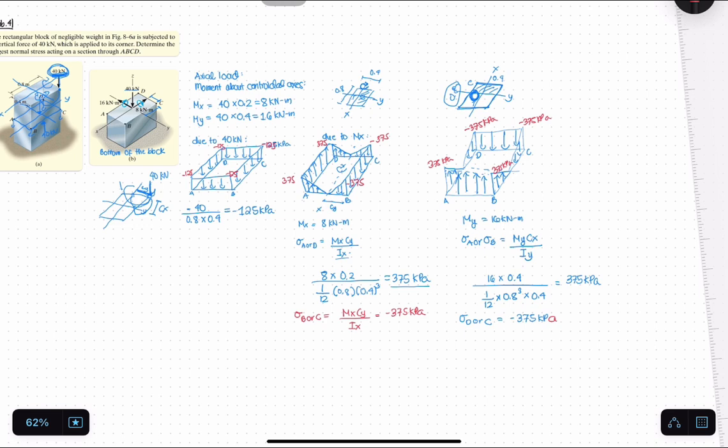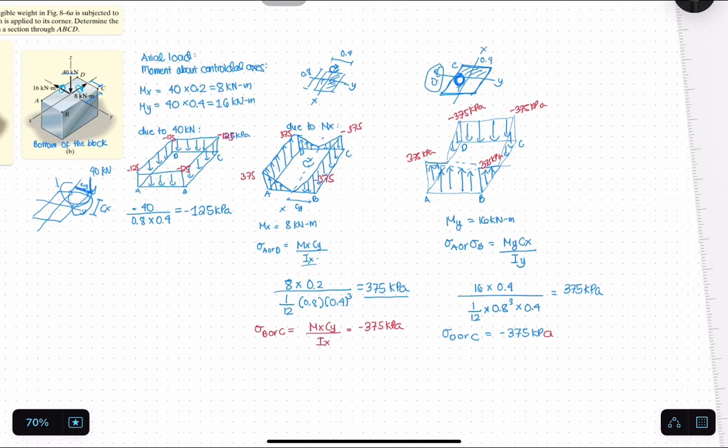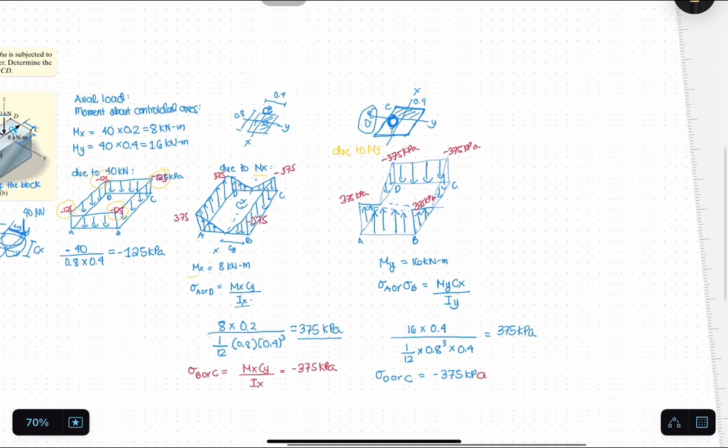But, looking at our values, tingnan nyo class, sa ating normal stress due to normal load, lahat to negative 125. So, wala tayong problema. Now, ngayon, ang problema dito sa due to Mx and due to My, magkakaiba ng sign lang ang ating values, di ba?